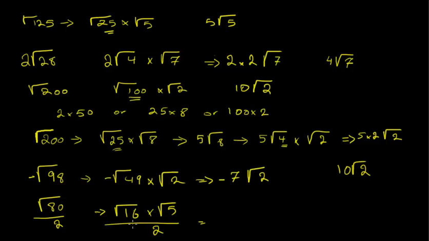The square root of 16 is 4, so we take it out of the radical, and the remaining is 4 radical 5 over 2. Now we can simplify the fraction and have 2 radical 5.